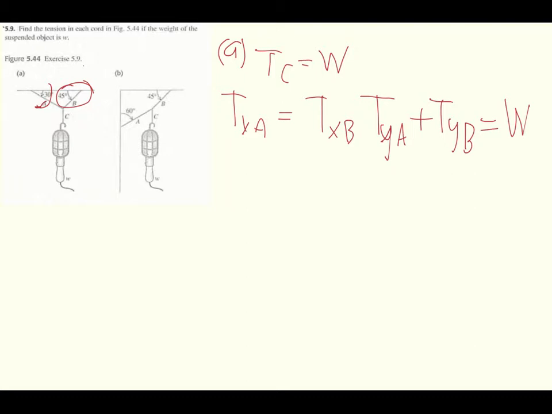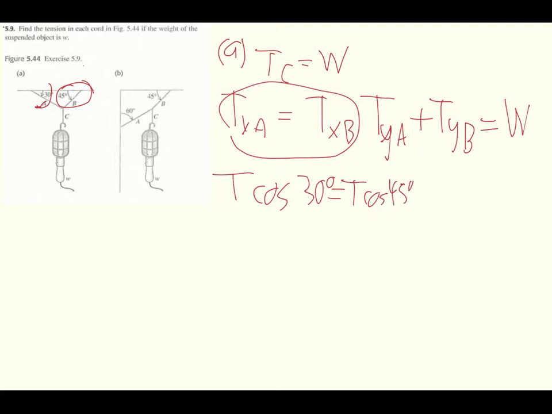So let's start with the left-hand condition, this one here, and let's set it up. So that means that T_A cosine of 30 has to equal T_B cosine of 45. Because remember, A and B are not the same cable, so they don't have to have the same tension.